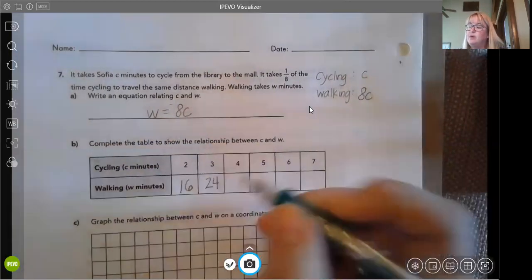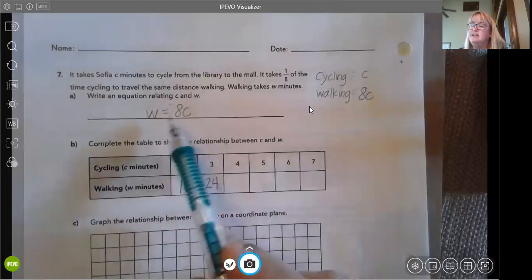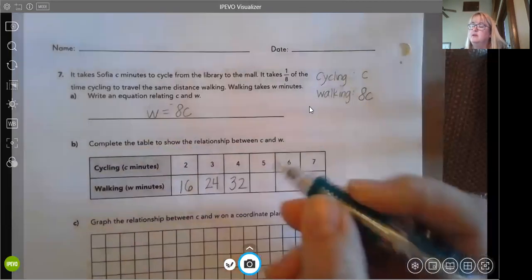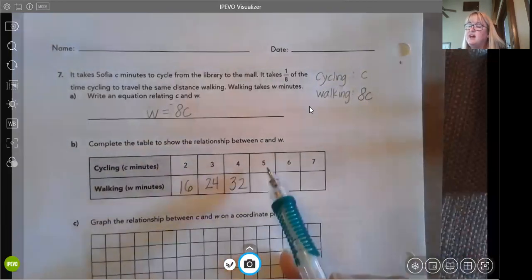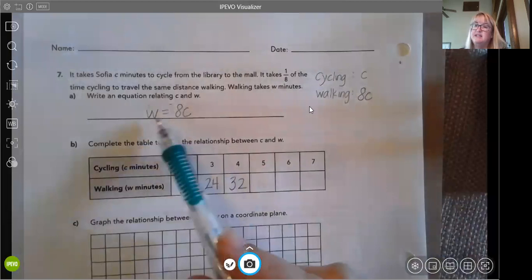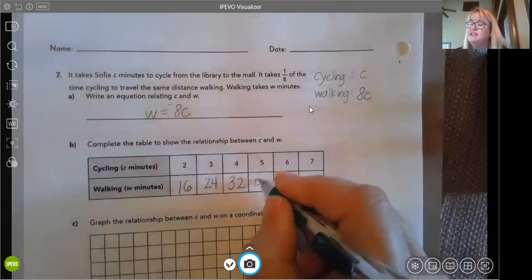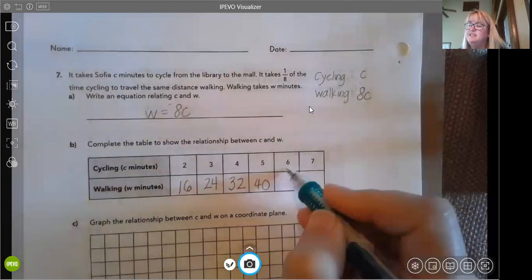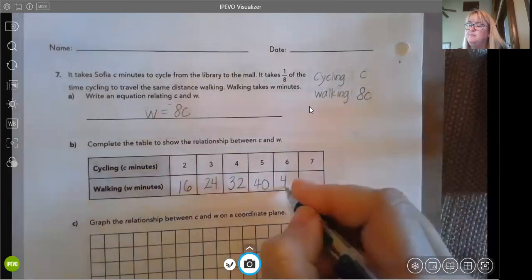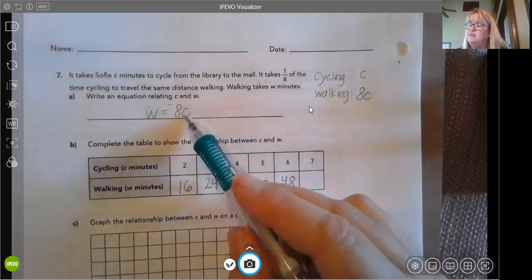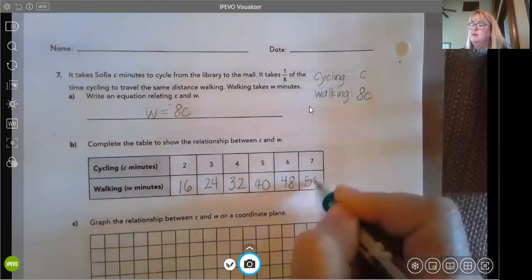When C is 4, W is 8 times 4, which is 32. When C is 5, W is 8 times 5, which is 40. When C is 6, W is 8 times 6, 48. When C is 7, W is 8 times 7, which is 56.